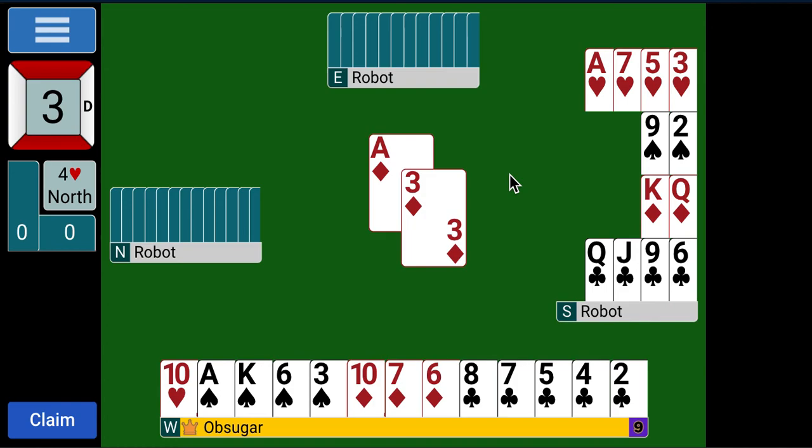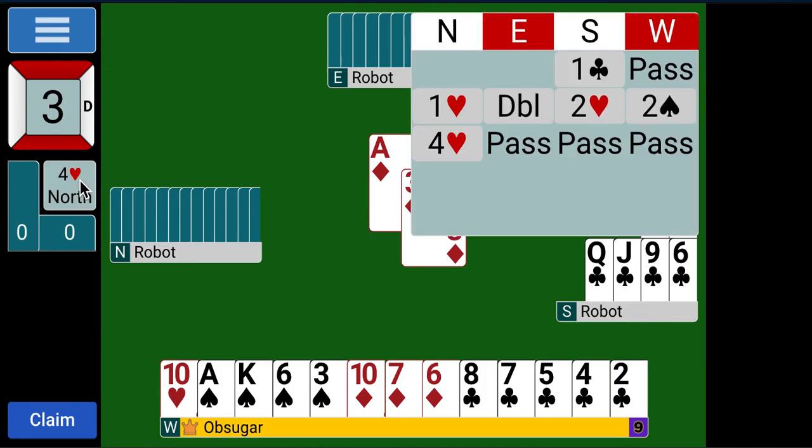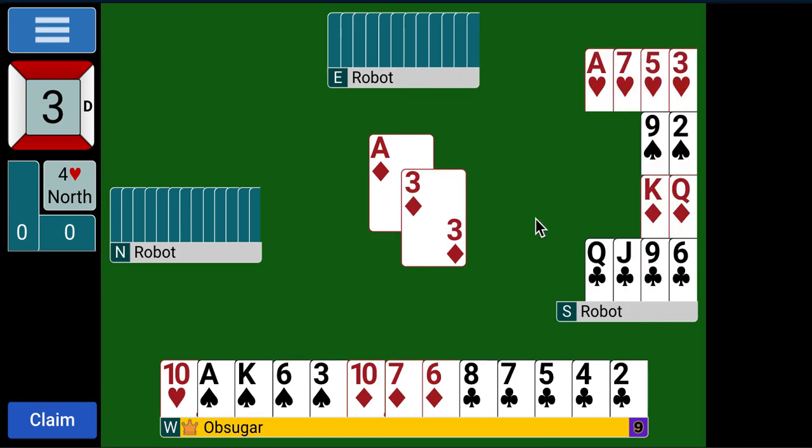Looking at the spade suit, we don't have a whole lot of information except that our partner doubled, which is a promise of at least 4. If he has 4, we know how many hearts, we know how many spades North should have. Does anybody want to venture an estimate here?